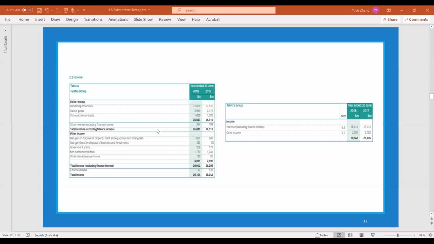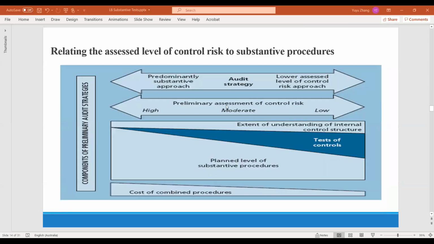So here, understanding the control will be important because it's relevant to your assessed control risk, and also it's relevant to the decided audit strategy. Because when the control risk is assessed as high, then you probably need to focus on the substantive audit procedures.